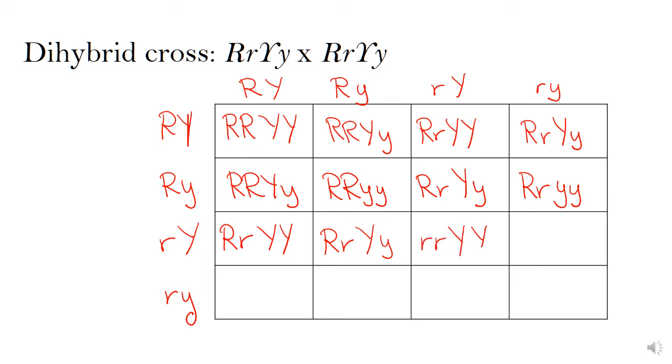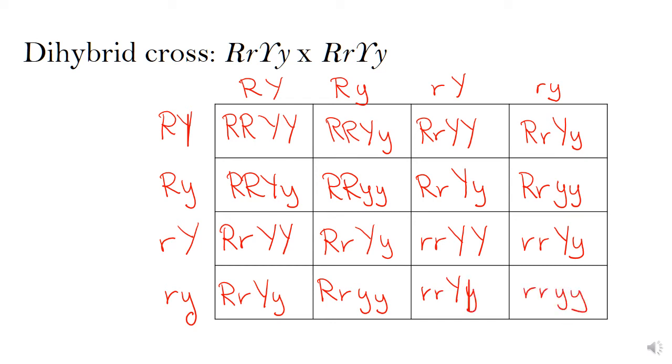Again, some of it is just about the pattern, and if we always see it the same way, it makes it easier for us to understand. Almost done. So now I've completed my Punnett square for my dihybrid cross.